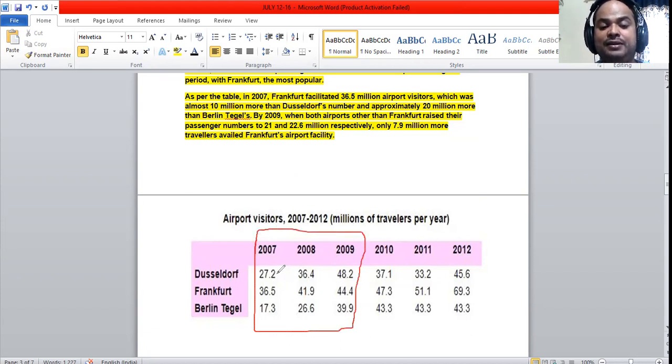So I have said this is 21 million increase, 22.6 million. Here it is 7.9 million. The difference is the growth. See, you can see a growth, and the growth is mentioned here after giving the data of 2007. So that's it here.